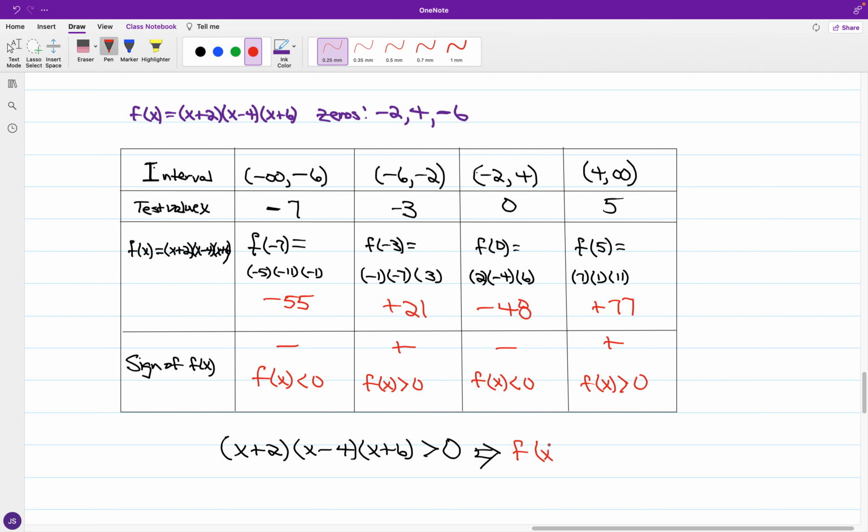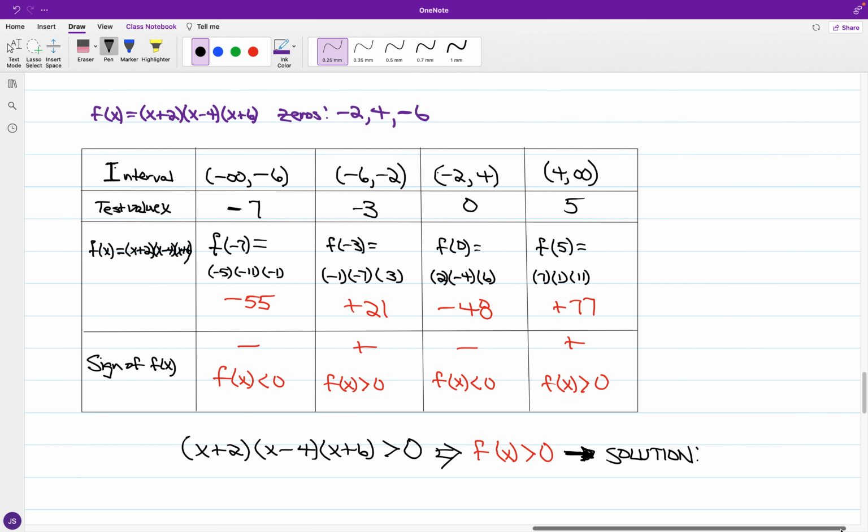So now we're referencing where f of x is greater than 0. There's no equal sign, so we're going to have the exclusive use of parentheses for the interval solutions.